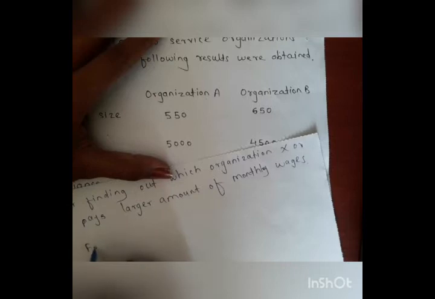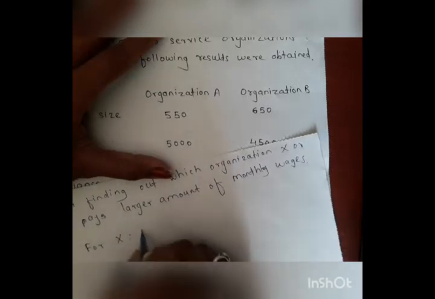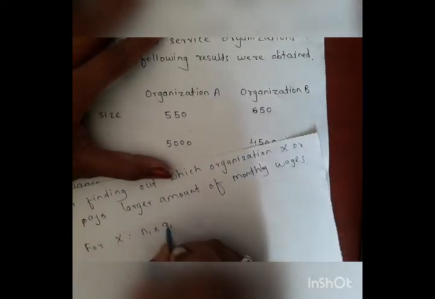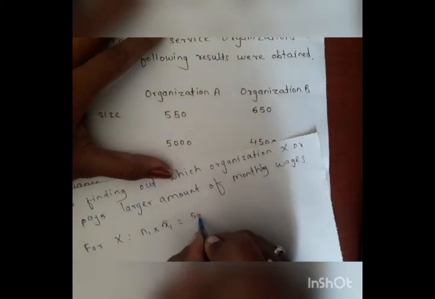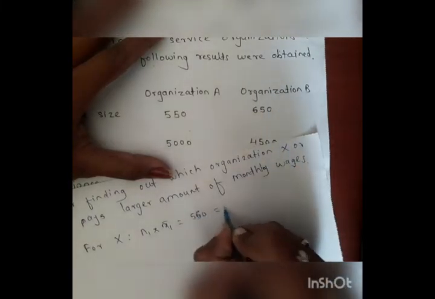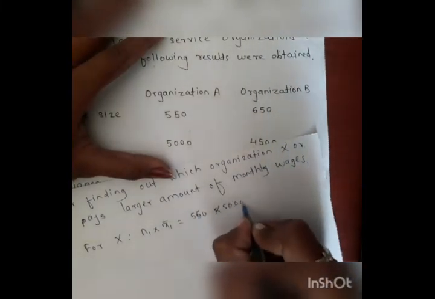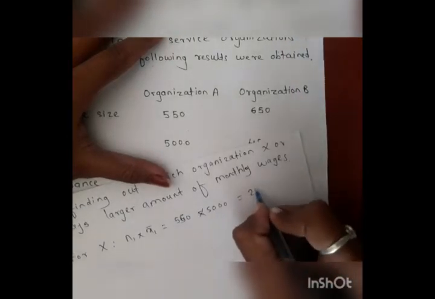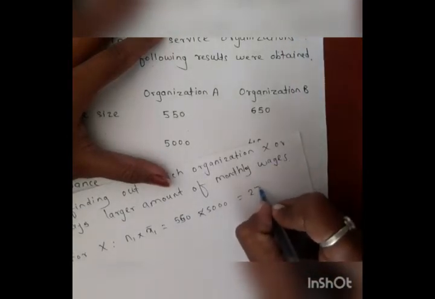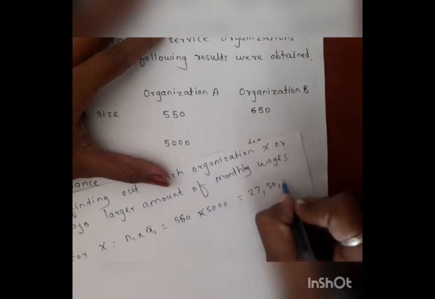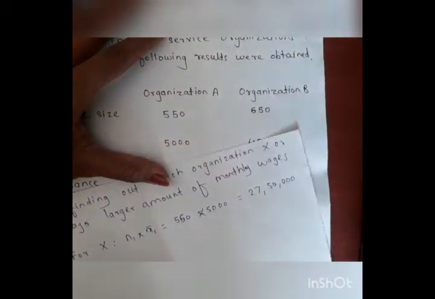For X, n1 into x1 bar is equal to 550 into 5000, which is equal to 27,50,000.